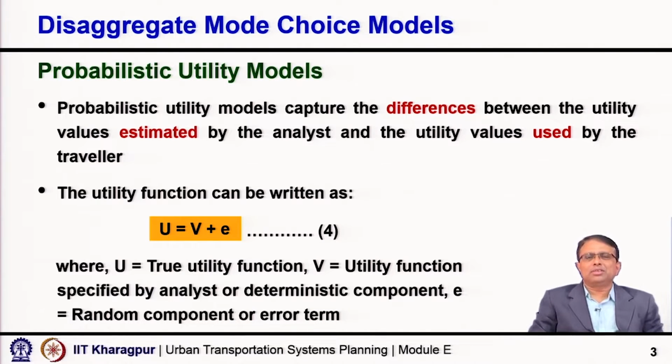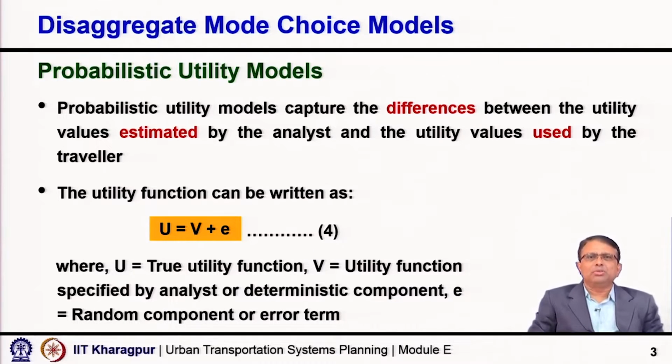The answer is to think of a different modeling approach which can accommodate all such limitations of analysts, but still can produce reasonable results closer to the real behavior. So, that led to the development of the probabilistic utility model.